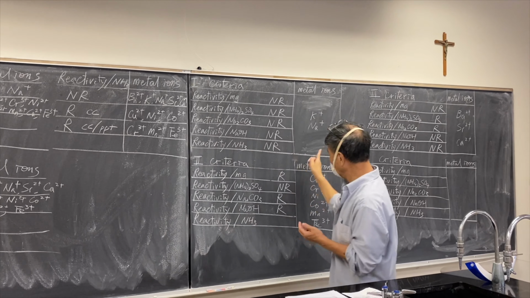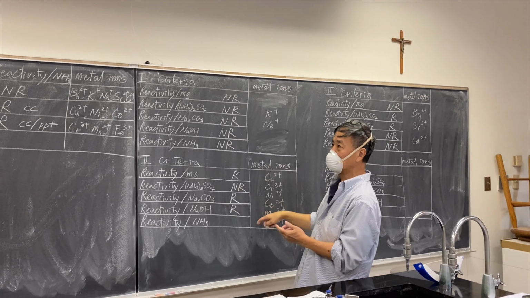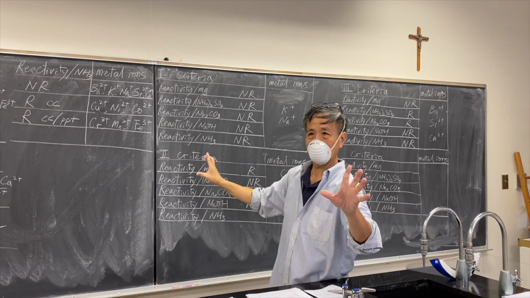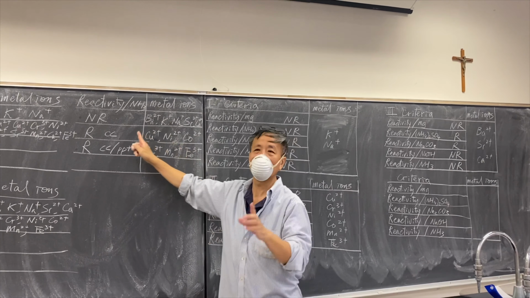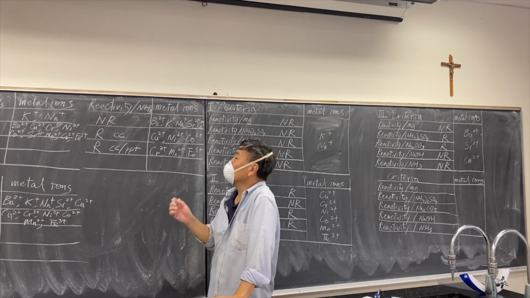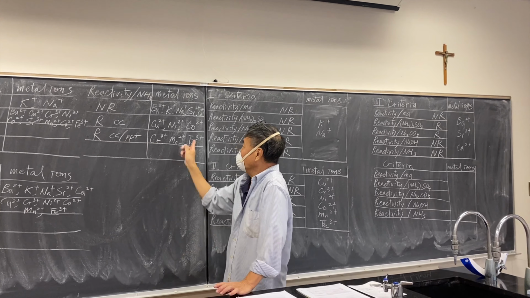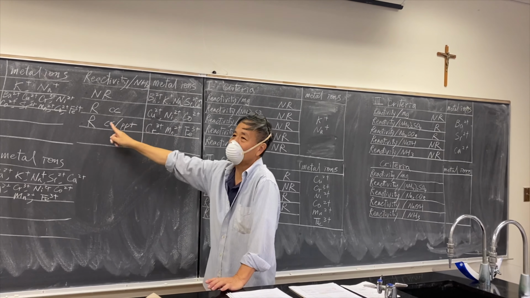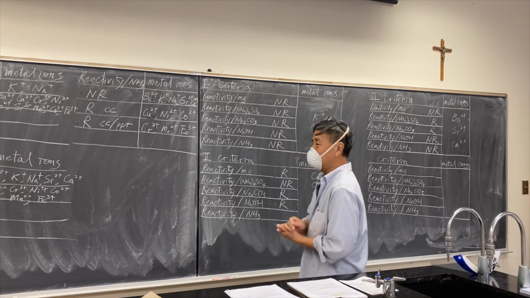In other words, all 6 ions right here in group 2 all reacted, but some of them, 1, 2, 3, had a reaction where the color of the solution changed. And the other 3 not only had the color of the solution change, but also generated the precipitate.